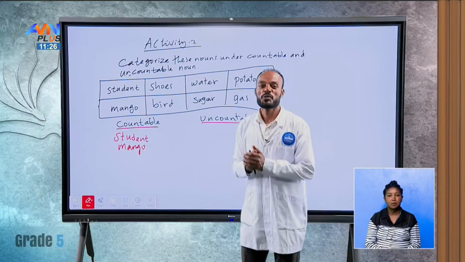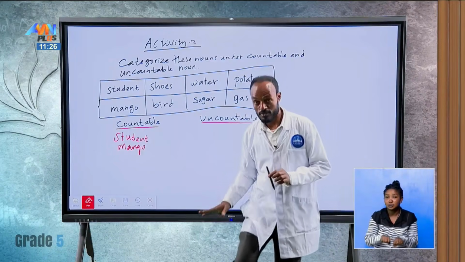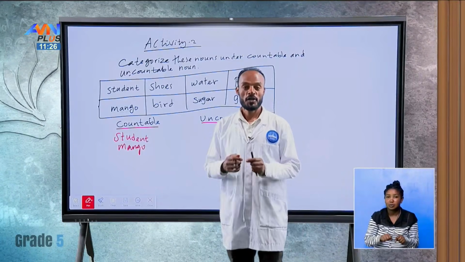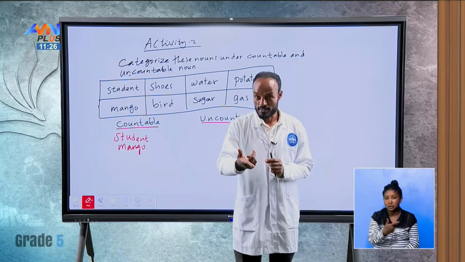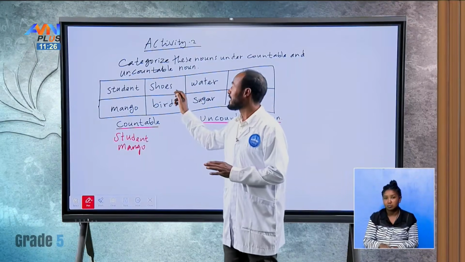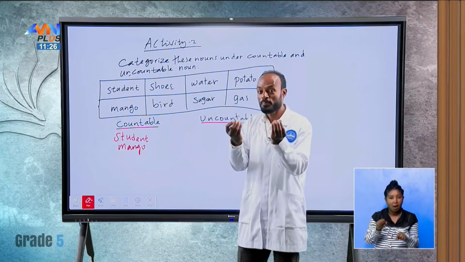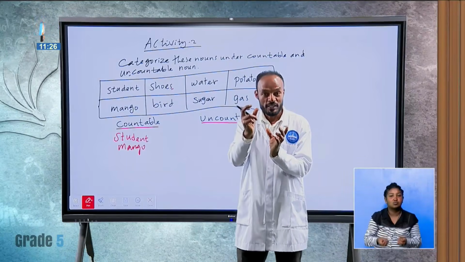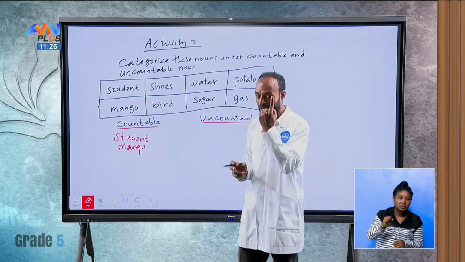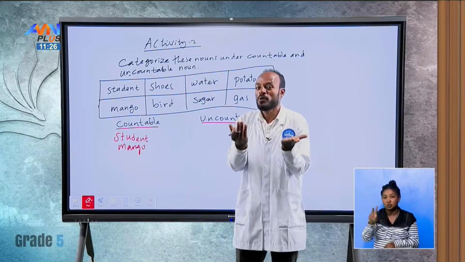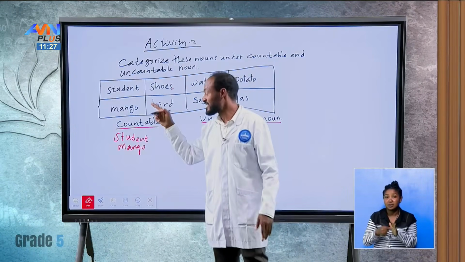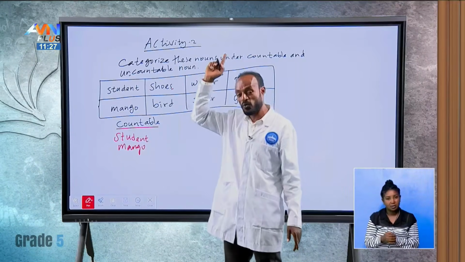What about shoes? One shoe, two shoes. Here is s because it shows plural form. Shoe is one, shoes is two. So here is the indicator which shows that it is countable, as we said so far.